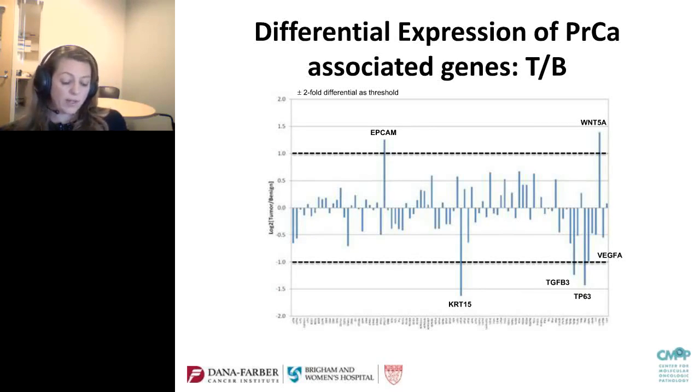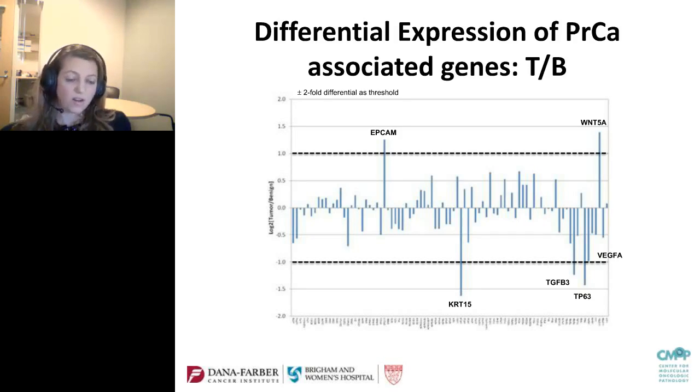Okay, so in order to assess initially what was going on with these samples, we have a panel of hallmarks of prostate cancer, which includes in and around 100 to 110 genes which are associated with prostate cancer progression, diagnosis, and lethality.